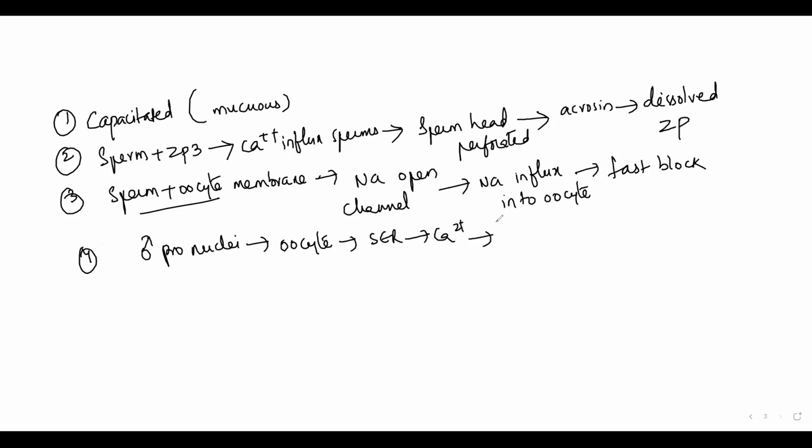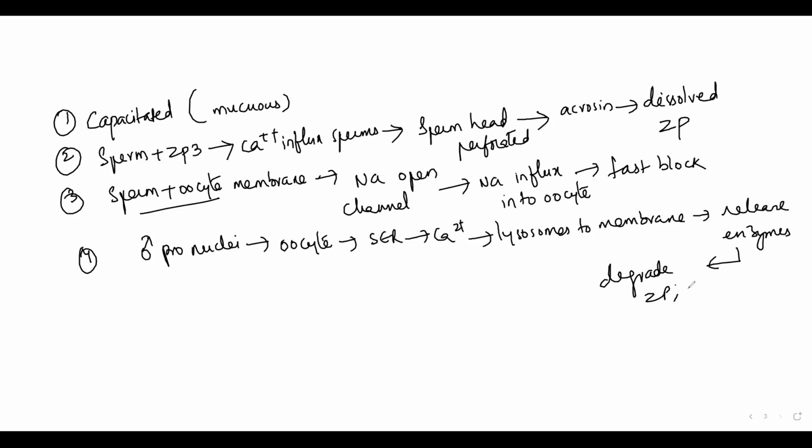the calcium is going to move the lysosomes to the membrane of the oocyte, and from there they release enzymes, and these enzymes are going to degrade further the zona pellucida 3 receptors and many membrane proteins, and they even harden the cell membrane.